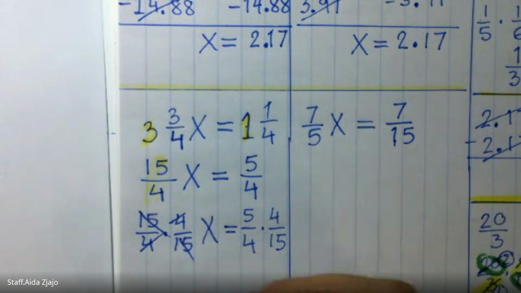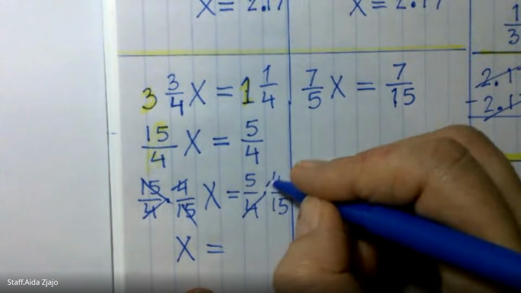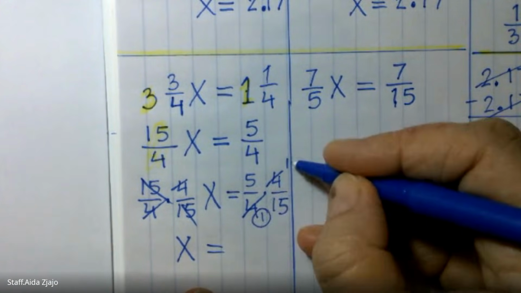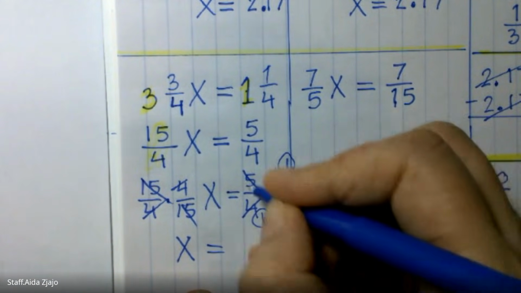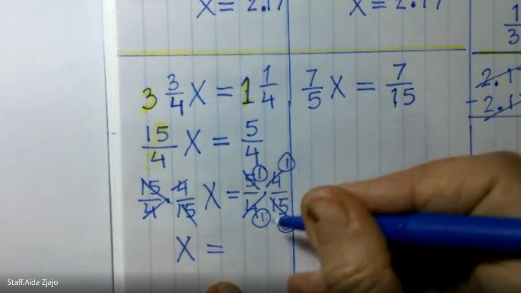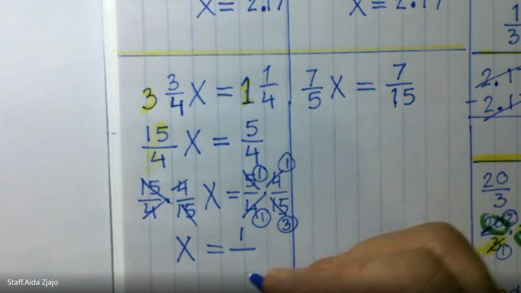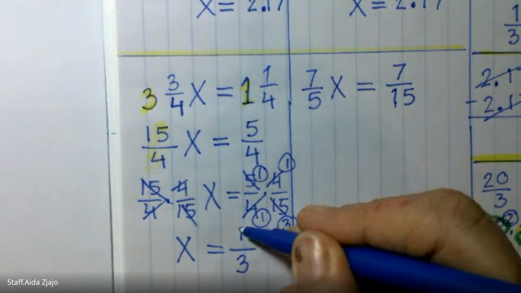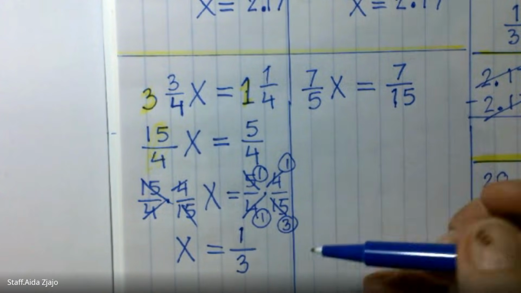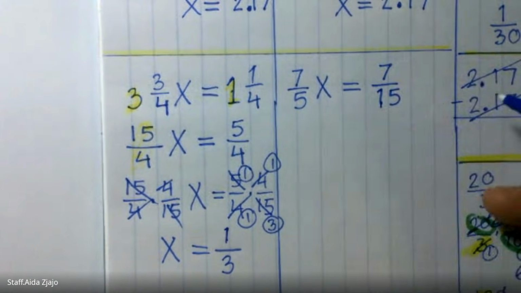These are going to become 1, and that equals. Now I can simplify this. 4 and 4 gives me 1, and 5 and 15 gives 1 and 3. 1 times 1 is 1, and 1 times 3 is 3. So the answer is 1/3.